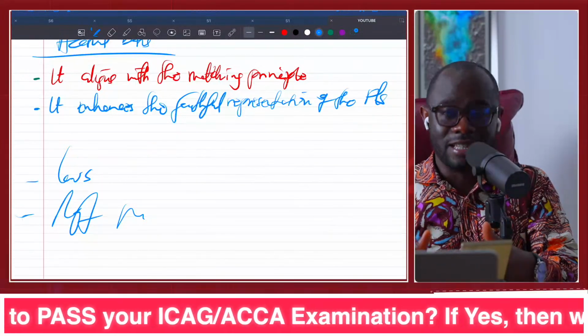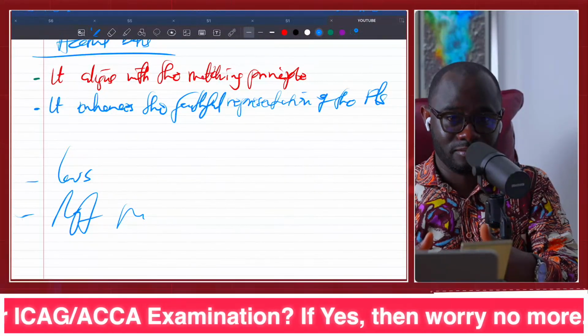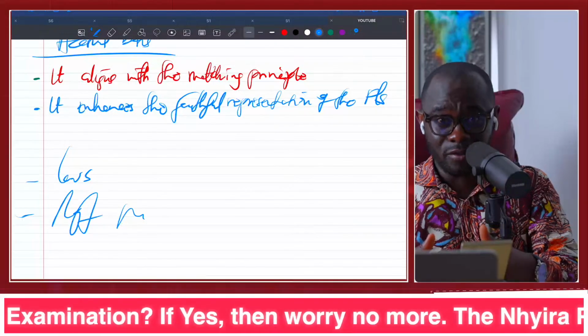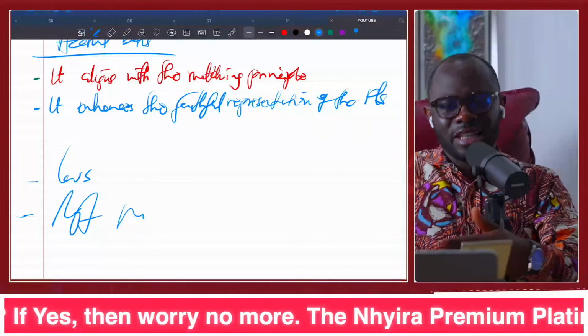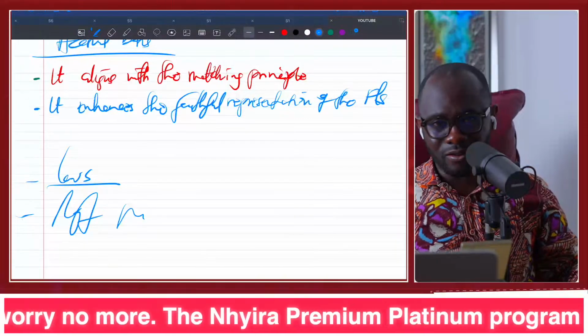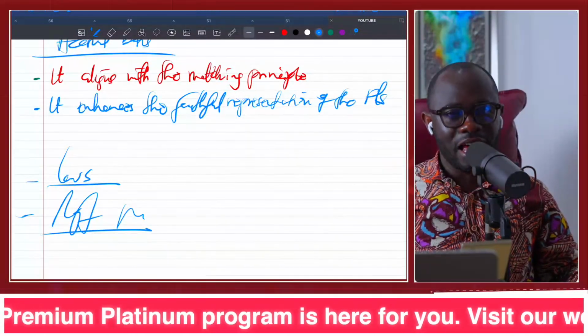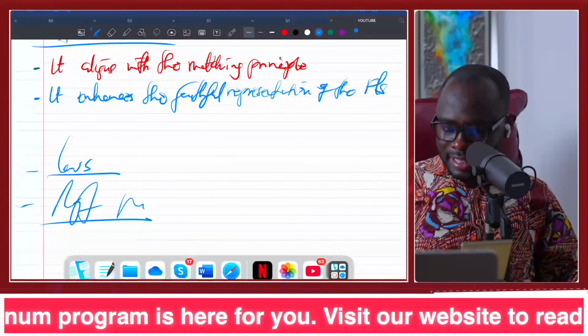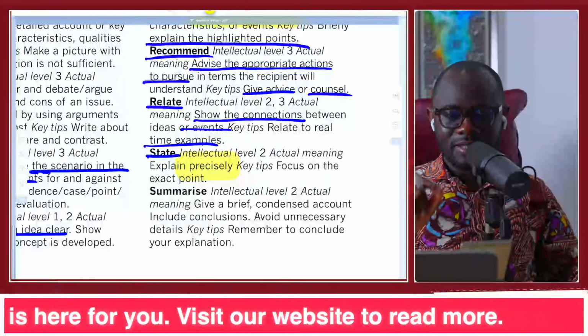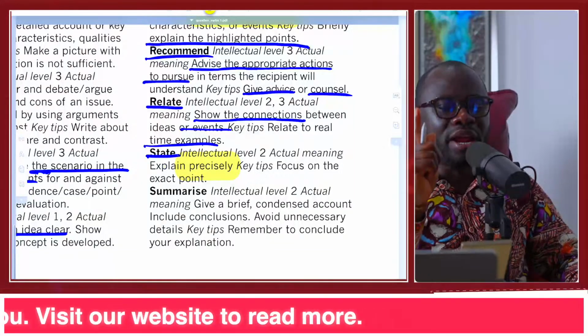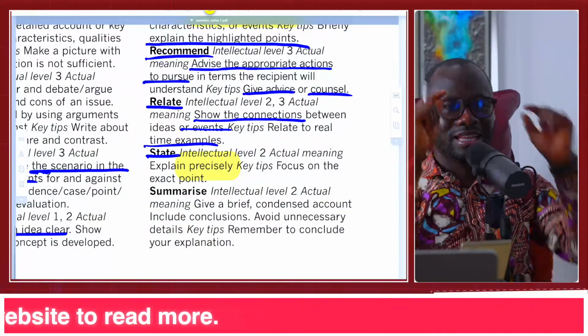That is a recipe for a disaster. So state doesn't mean write a word down. State doesn't mean write a phrase and walk away. State means explain precisely the key point.